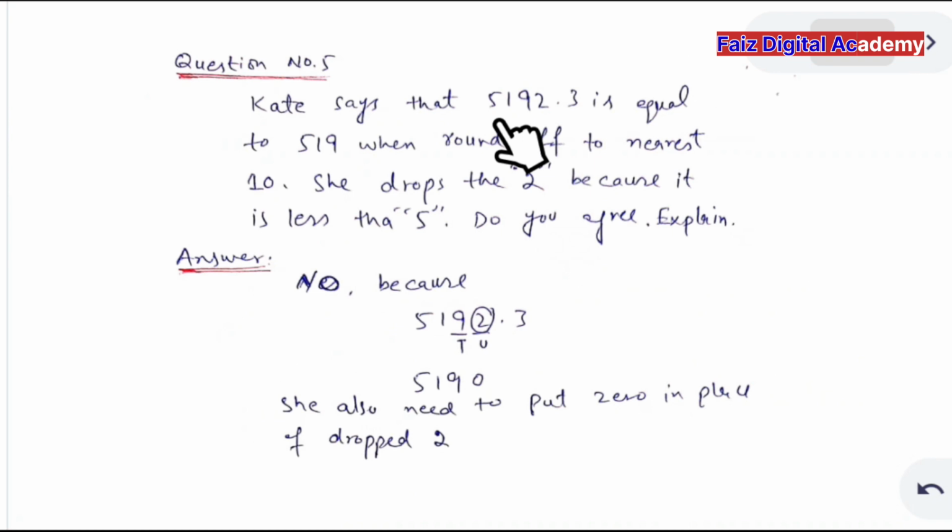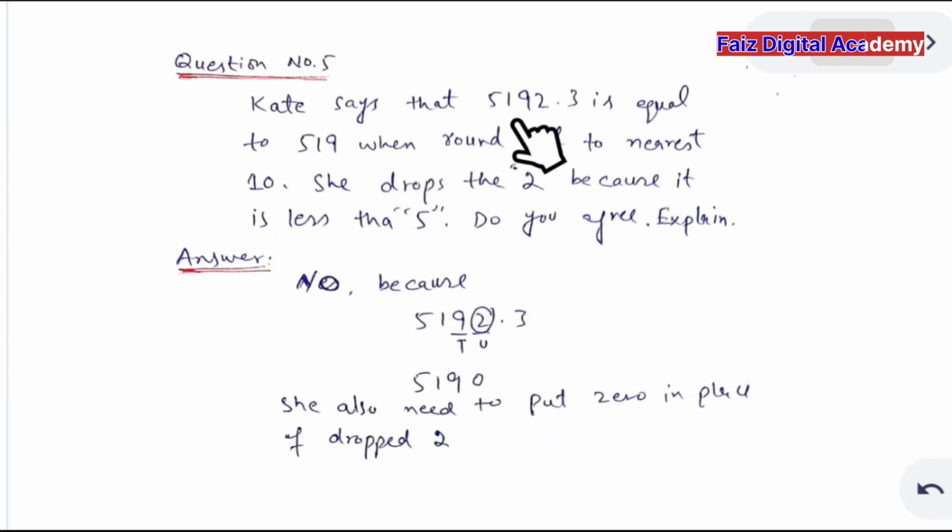We can see that for 519, we have to approximate it up to 10. So this number first is unit and then it is 10. This 10 number is decided on the basis of the unit, that is 2. As it is smaller than 5, it will be 519, but we have to write 0 in place of 2, which is not written by her.